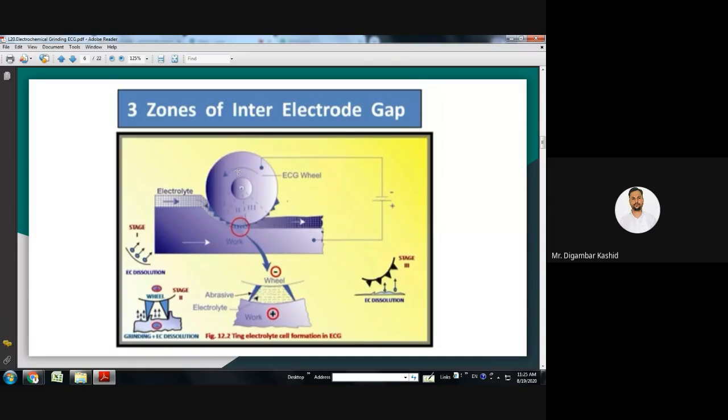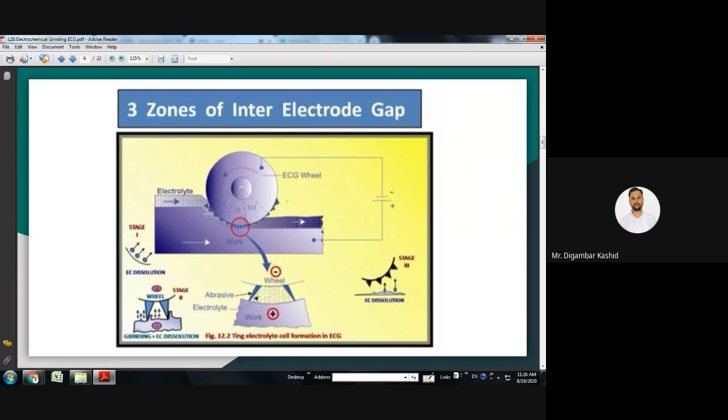But except that here the bonding metal is electrically conductive. Also the electrolyte is supplied through the interelectrode gap between your wheel and your workpiece. And the height of the abrasive particles protects the outside bonding material of the wheel, and that will help to maintain the constant gap.